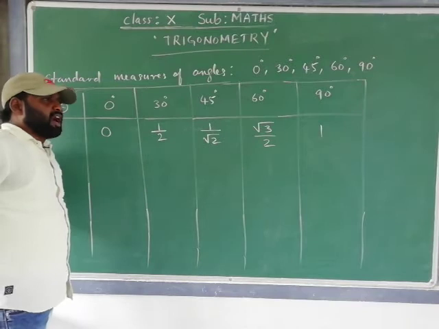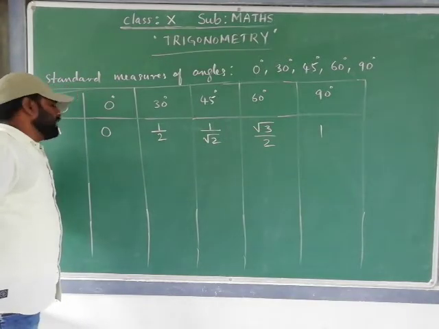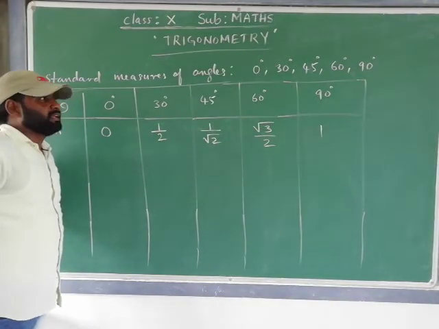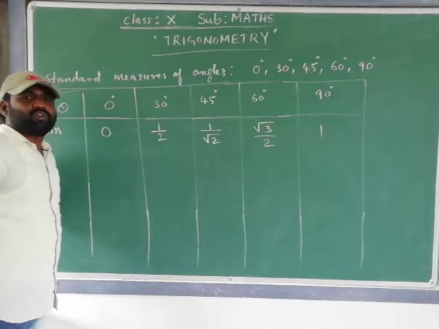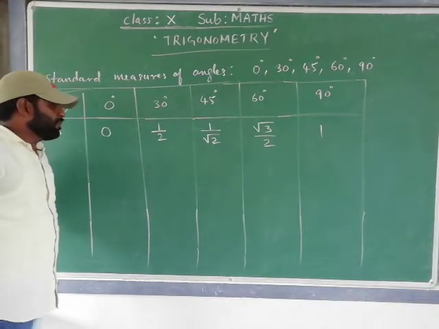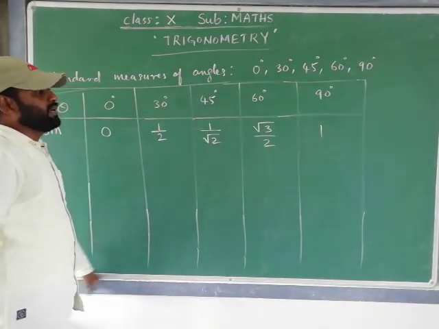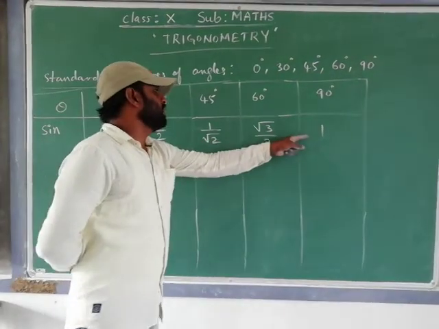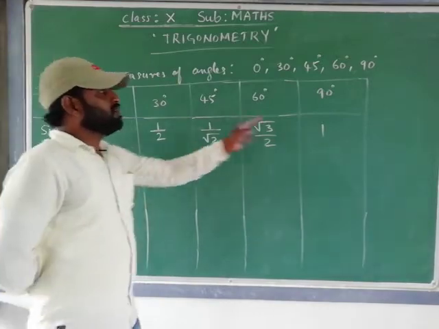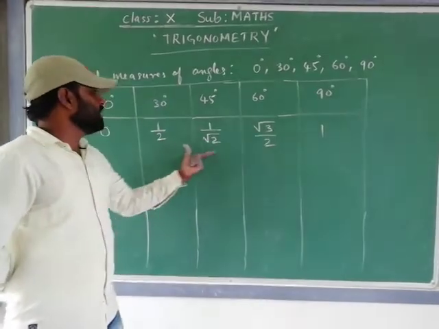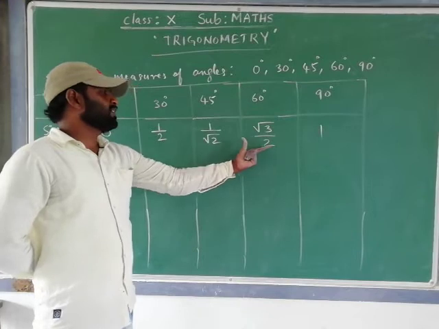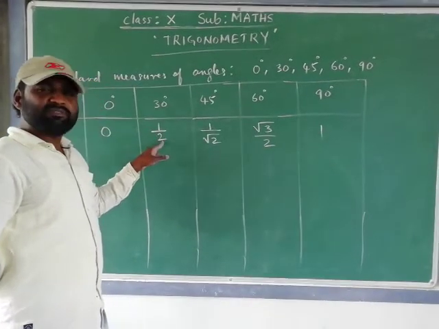Always the trigonometric value of sine from 0 to 90 degrees lies between 0 and 1 only. See, here minimum is 0, maximum is 1. These are all less than 1 only. Greater than 0, less than 1. 1 by 2 means what? 0.5.